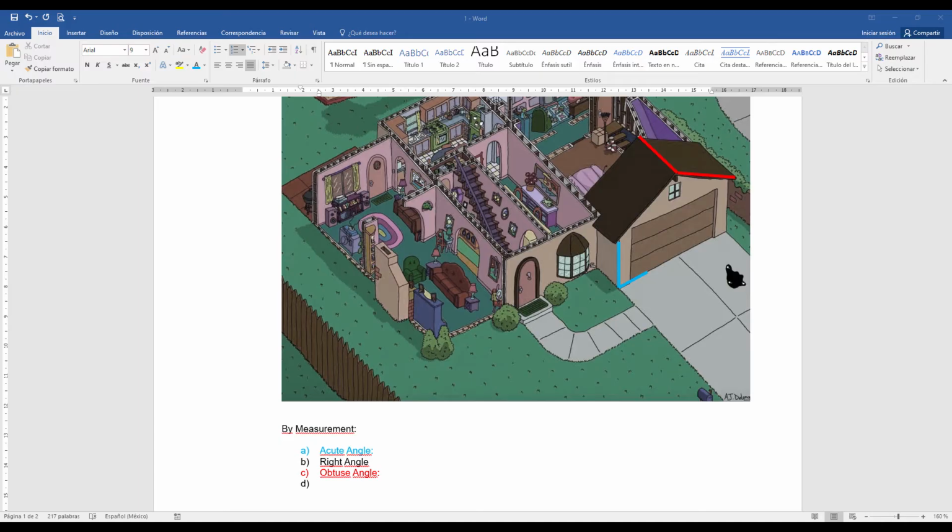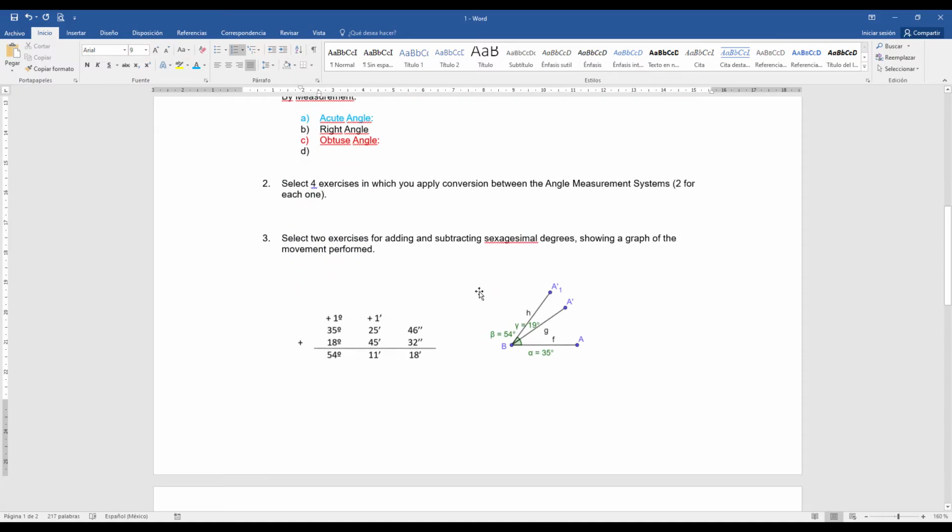Let me show you. For example, this is an adding of sexagesimal degrees, and this is the graph of the movement performed. How can you do that? Remember, it's an example.